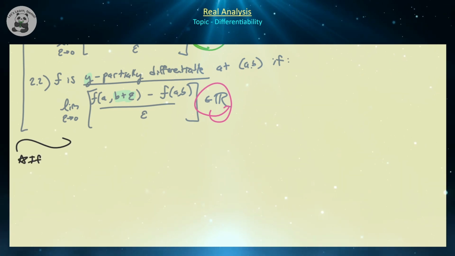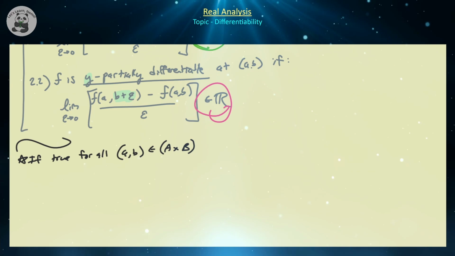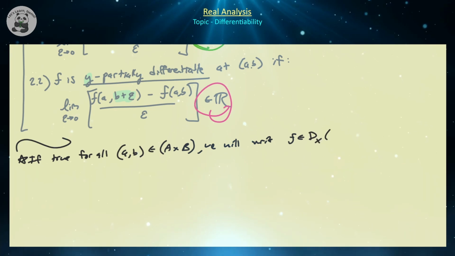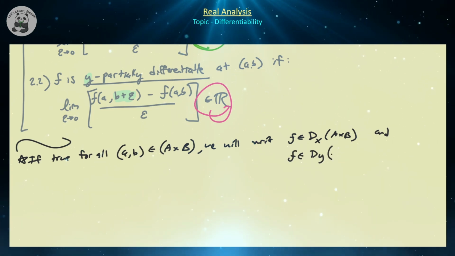If true for all a, b in its two-dimensional domain, a cross b, we will write f belonging to dx, a cross b, for x partially differentiable functions, and we're also going to write f belonging to dy, a cross b, as the set of all y partially differentiable functions on a cross b.